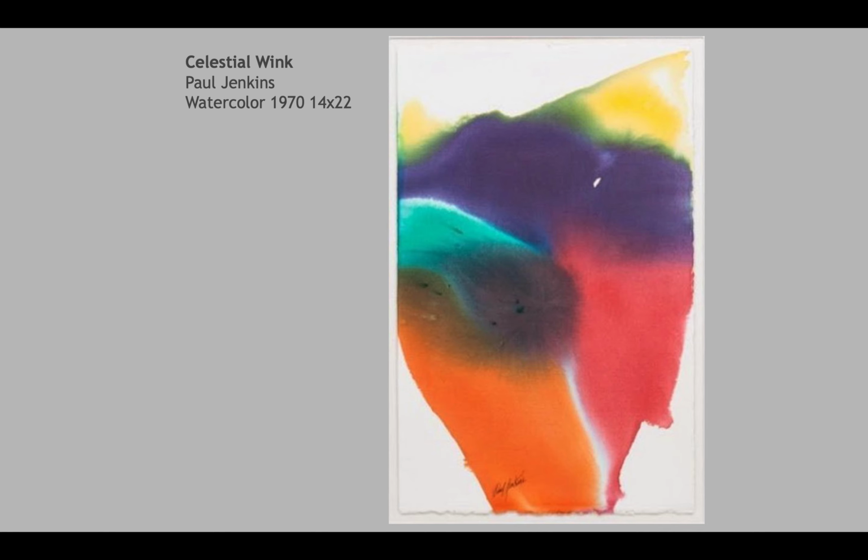But this is a watercolor painting, 14 by 22, so it's about a half sheet of paper. And it is wet on wet. Now it does end up with some hard edges, and that's a distinctive quality of Jenkins' work, this intermixing of hard edge shapes and wet on wet areas where the watercolor is allowed to just blend and flow.